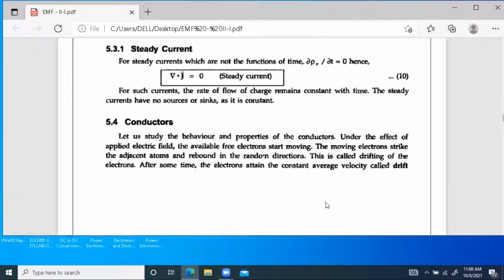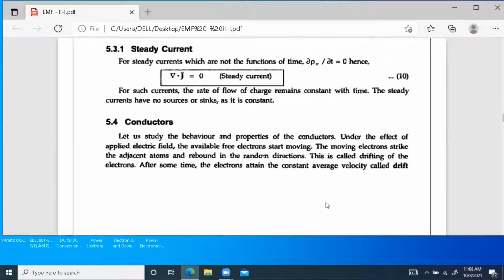Okay. So we have a potential difference. We have a positive and a negative, and we have current flowing.